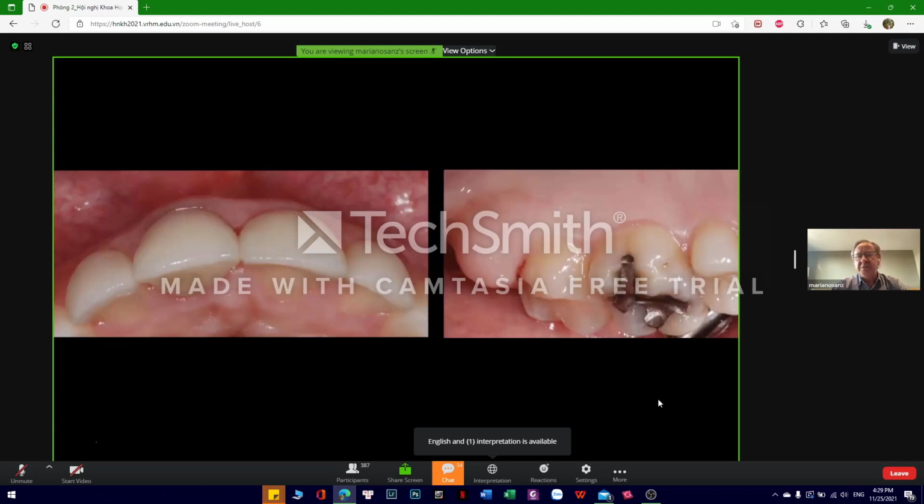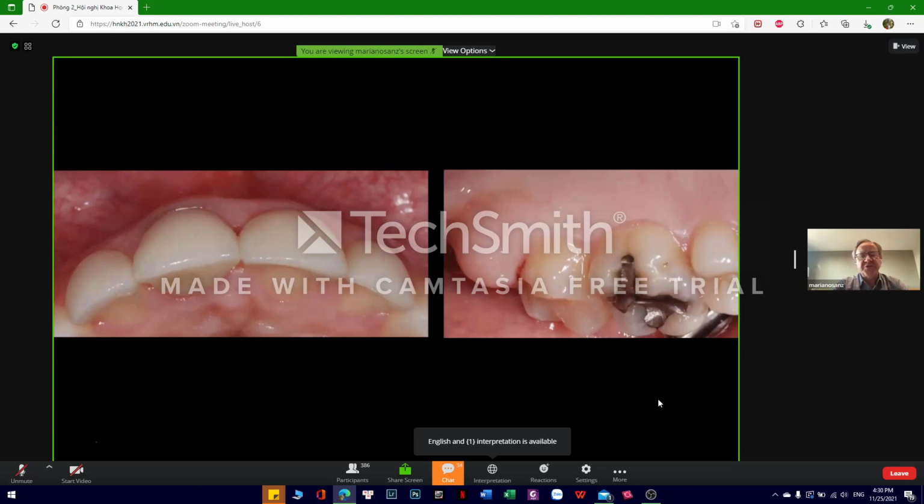So it would be extremely risky in these anterior maxillary situations to place an immediate implant without the appropriate hard and soft tissue compensation.